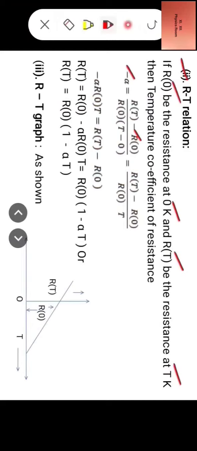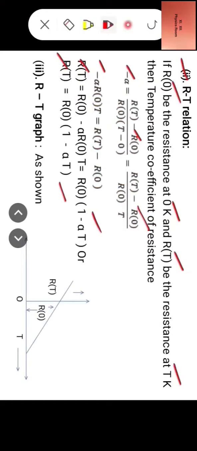So minus alpha is equal to RT minus R0 divided by R0 into T. On cross multiplying we get minus alpha R0T is equal to RT minus R0, and then rearranging we get RT equal to R0 into 1 minus alpha T. We take out R0 common here, and finally we have RT is equal to R0 into 1 minus alpha T. This is the required RT relation so far as negative temperature coefficient of resistance is concerned.